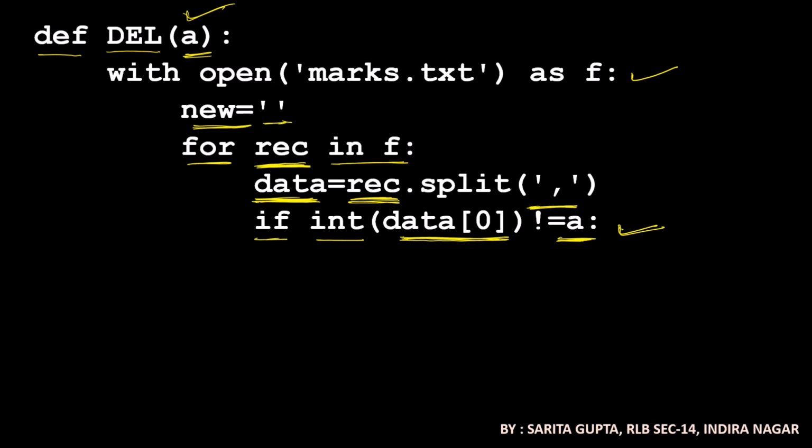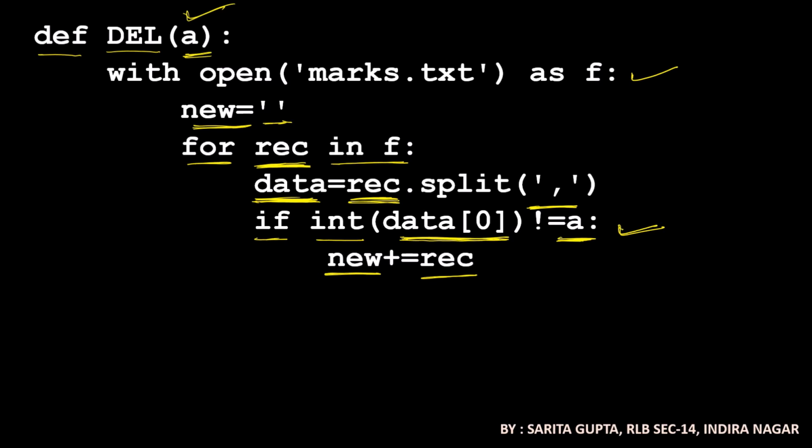If it does not match, this means that this record is not to be deleted. Hence, we'll store this student record into the variable new created by us as new plus equal to rec.